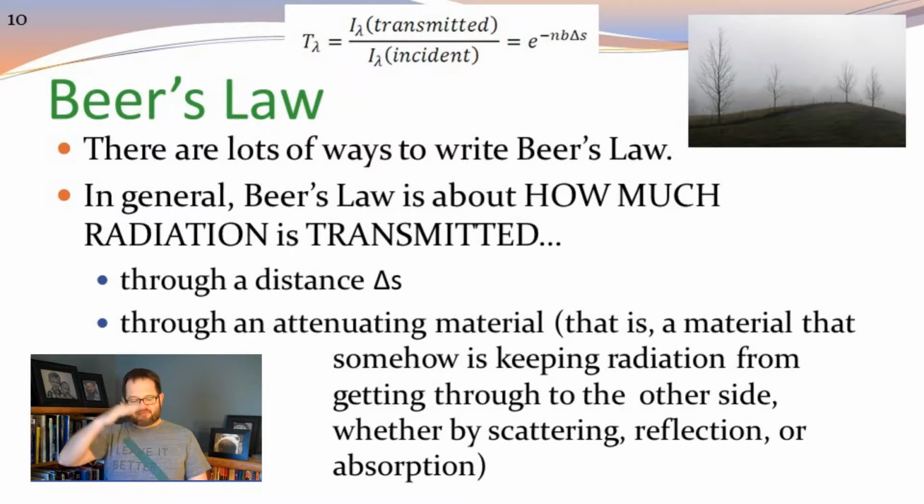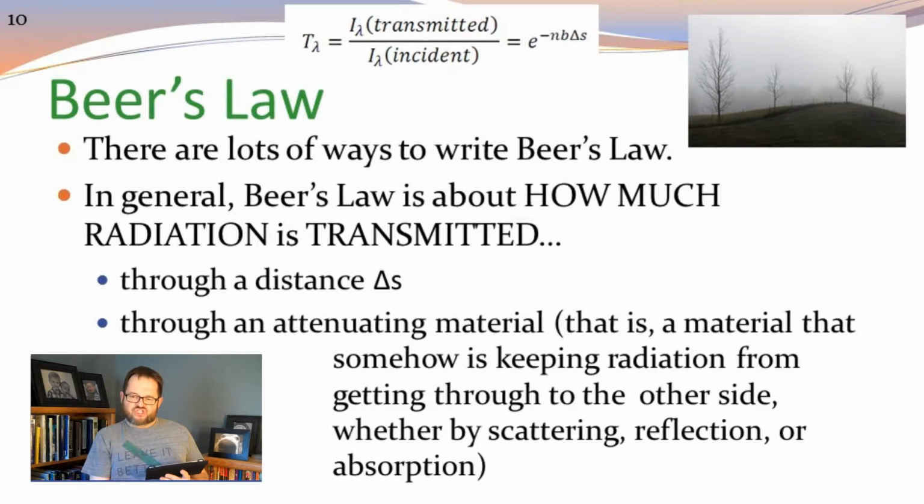So like if we're dividing the atmosphere up into these layers, each of which will have some thickness delta S, the path that the radiation is going through will be delta S. A certain amount of radiation will be incident upon, let's just do it from the bottom up. Long wave radiation is being emitted by the surface of the Earth.